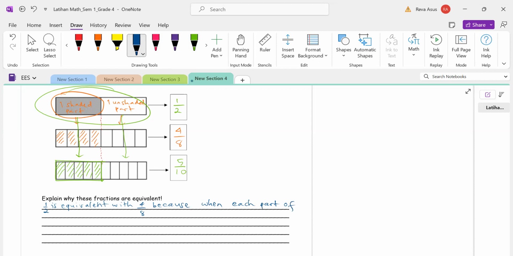When each part of half is divided equally into 4 parts, it shows 4 shaded parts out of 8 parts.